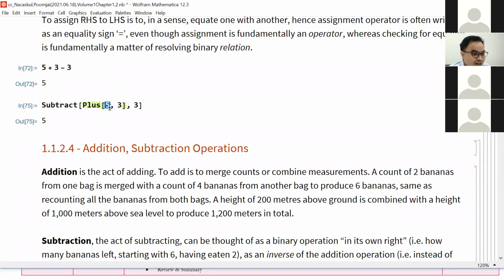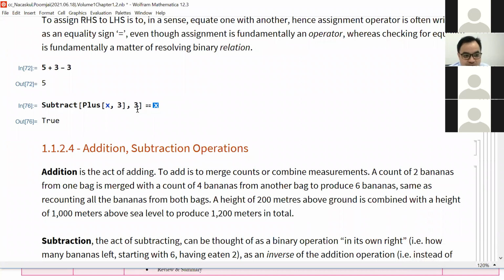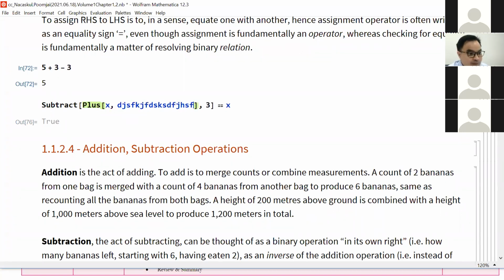So, is this always the case? Now, I don't know what x is, but it's going to give you this because it doesn't have to know what x is. This is universal. As long as I use the same thing, it's going to be true.